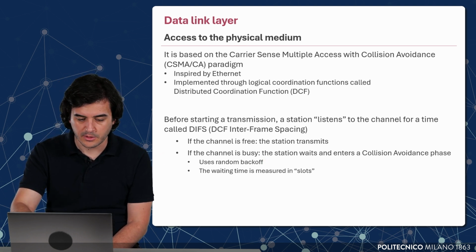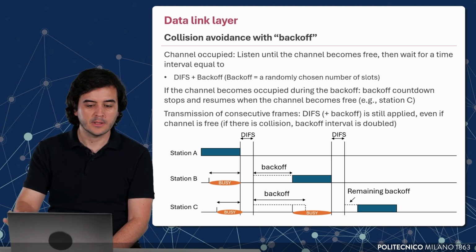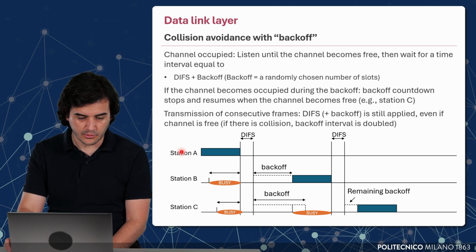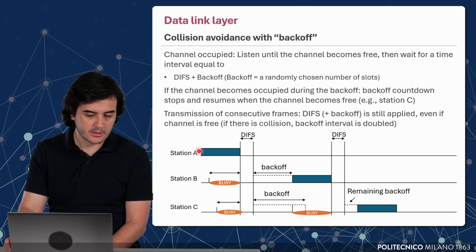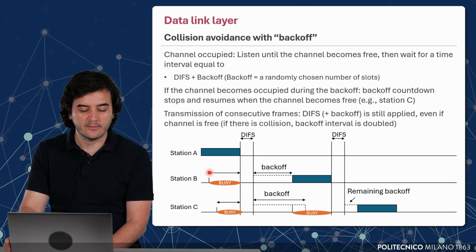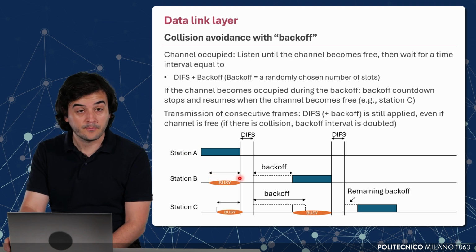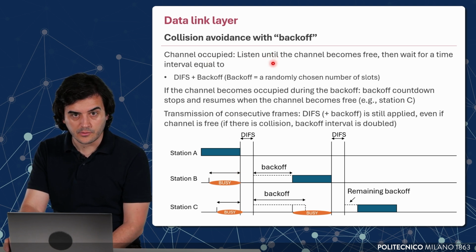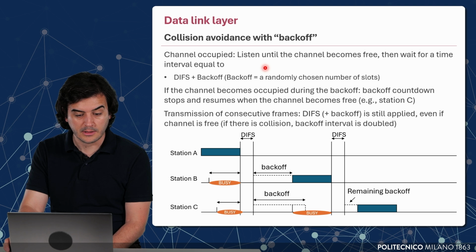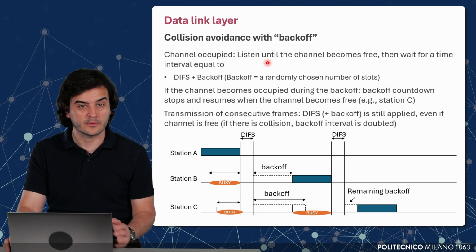starting the transmission. Let's look at a simple example of three stations, stations A, B, and C. Station A is transmitting. At a given moment in time, station B will want to transmit. However, it checks that the channel is in fact busy. We said that before you initiate to transmit, you need to wait for a certain amount of time.